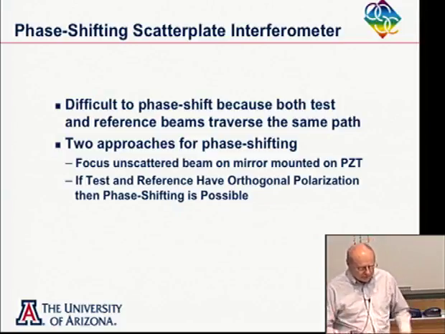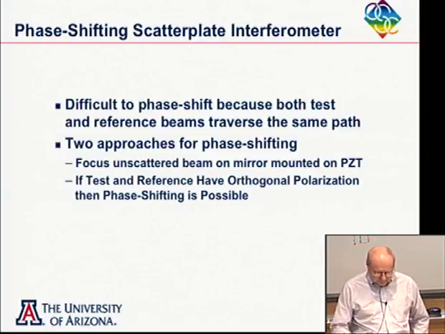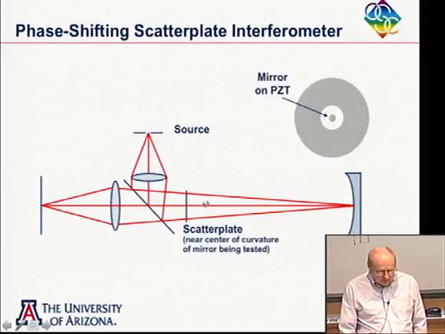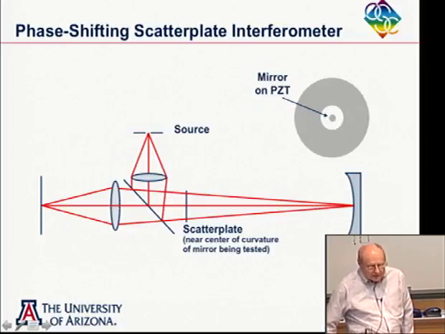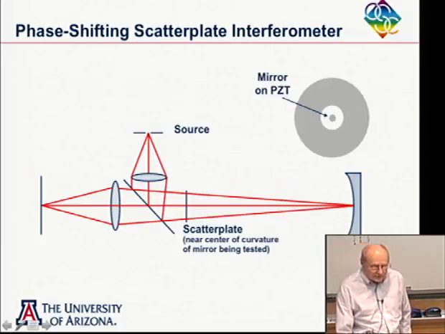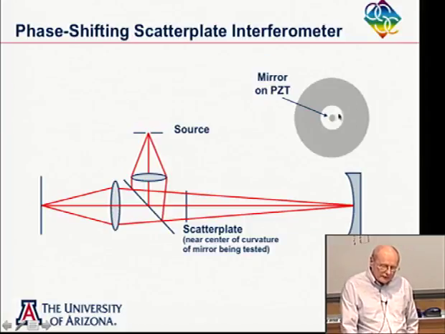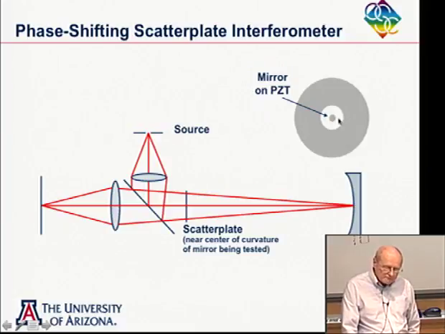So let's look at the first approach, the approach I don't like too much, but it works. So here's our scatterplate interferometer, and here's the mirror we're testing. For convenience, I'll say the mirror has a hole in the center, a central obscuration. I'm simply going to put another mirror there, mounted on a PZT. And this light is going to come to focus on that mirror.